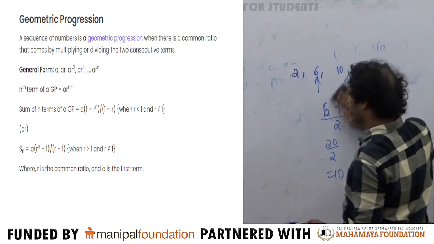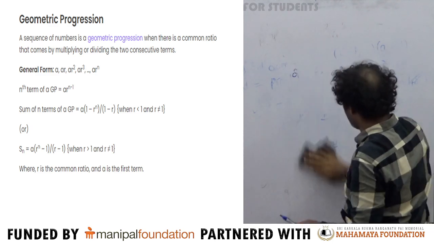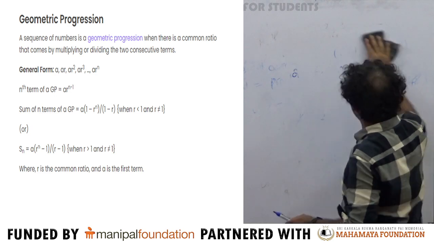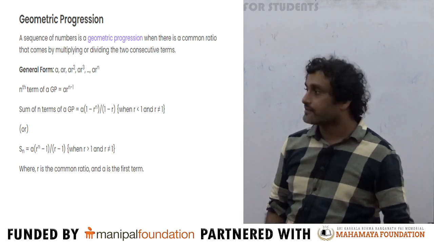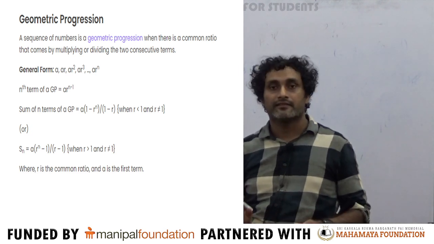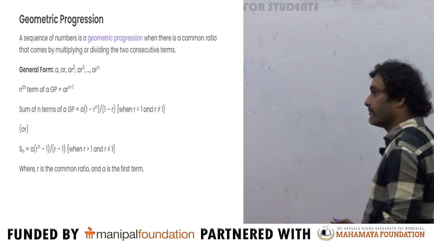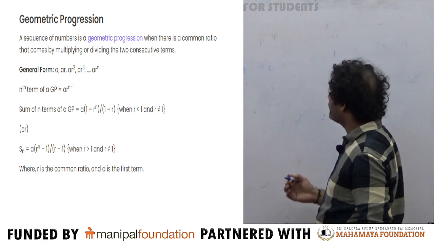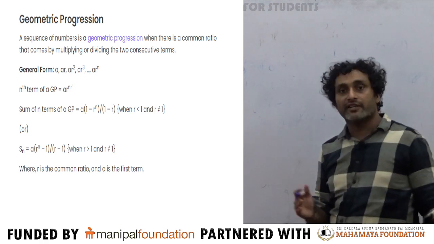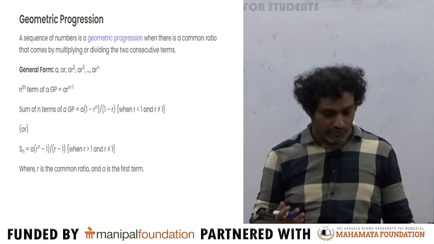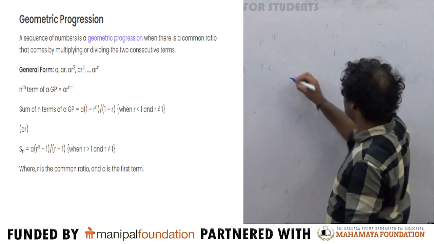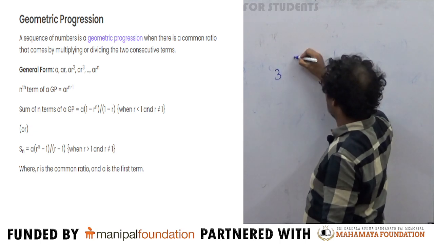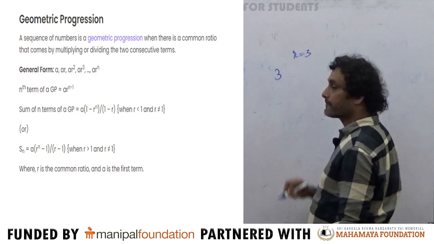So this is all about arithmetic mean and arithmetic progression. We'll do sums and discuss later. Now, how do you get geometric progression? There is something called the common ratio, which when you go on multiplying, it will go to the next term. Suppose the first term is 3 and the common ratio is 4.